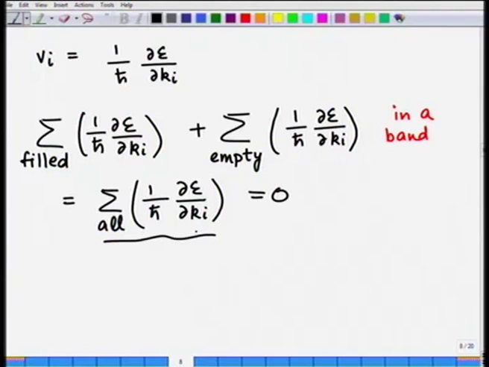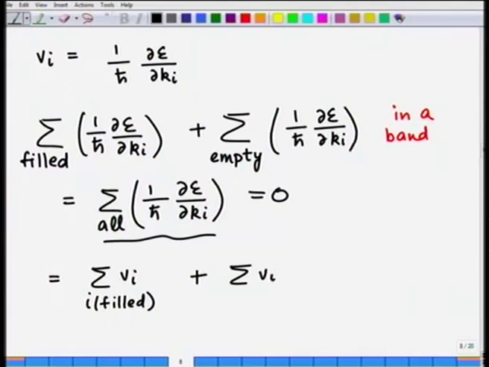If so, then what I can think of is, since this filled state is what I call Vi, and although the empty states are not filled with electrons, so I should not talk of electron velocity, but if I think of this quantity as velocity of some hypothetical particle, those green open circles which I have shown you, then I can think of this as empty, and I can write Vi of those particles, which I define basically in the same way.